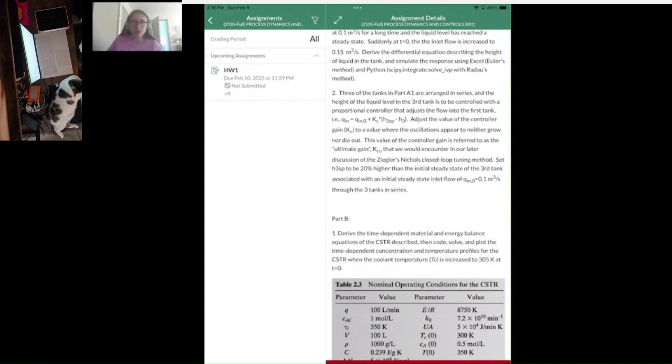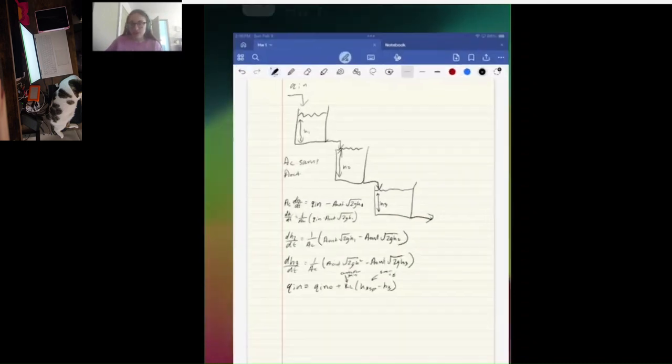Okay, so let's first derive equations to use. So we're working with this right now. We have our 3 tanks like we did in question 1. We only had 1 tank there. Let me move them so they look a little better. Yeah, that's good.